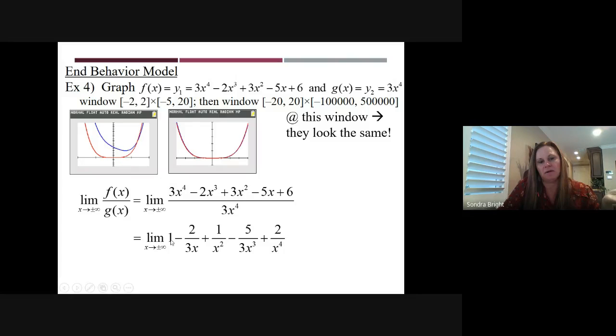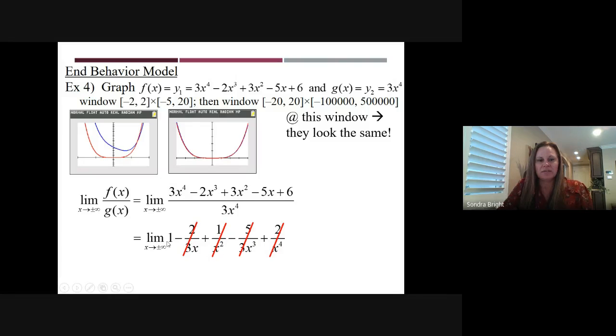But 2 over 3x is like 2 over infinity, so that zeroes out. 1 over x squared is like 1 over infinity, so zero. 5 over 3x cubed, you've got an infinity down the bottom. And then 2 over x to the fourth. Anytime you've got an infinity in the bottom, the limit is going to go to 0. Anything with an x down in the denominator and a constant up top goes to 0, even faster than 1 over x.